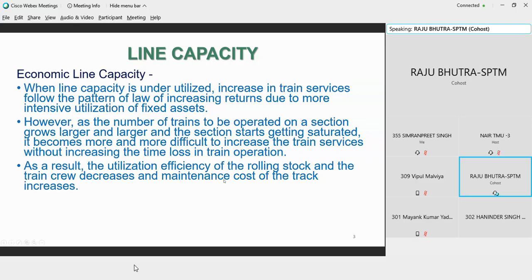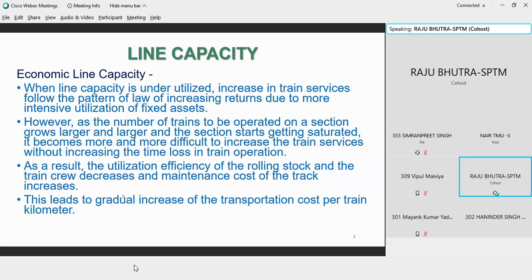As a result, the utilization efficiency of rolling stock and the train crew decreases, and maintenance costs of the track increase. Why? Because utilization efficiency of rolling stock will go down because of all the detentions, and the utilization efficiency of crew will also go down because of the various detentions caused by excessive line capacity utilization.